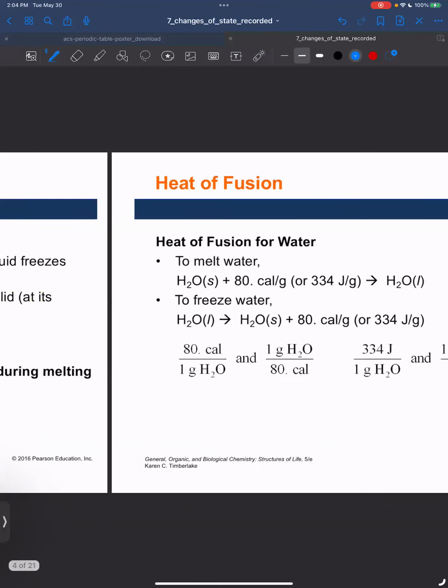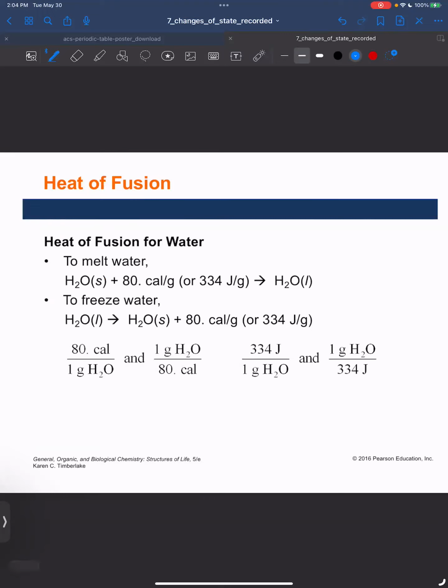And the heat of fusion for water, to melt the water, requires 80 calories per gram, or 334 joules per gram. So you'll be able to find either constant with those two different units. And these constant values will be provided for you either in a table or within the context of the problem.